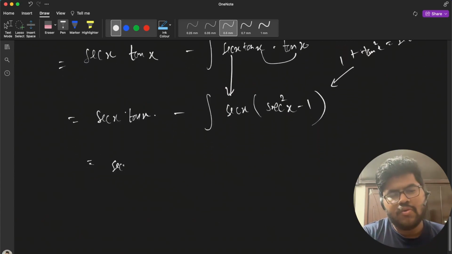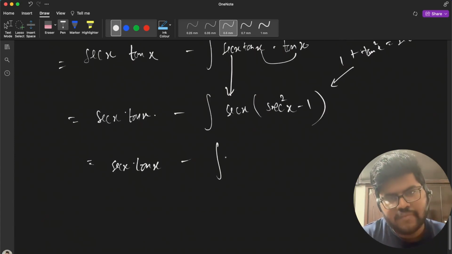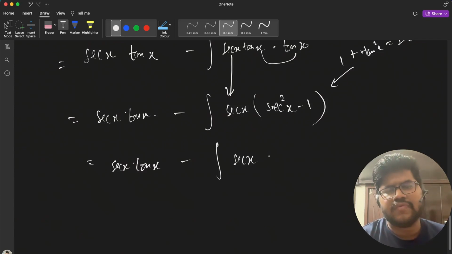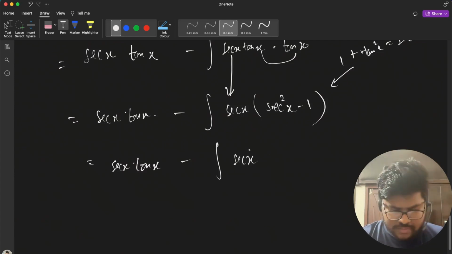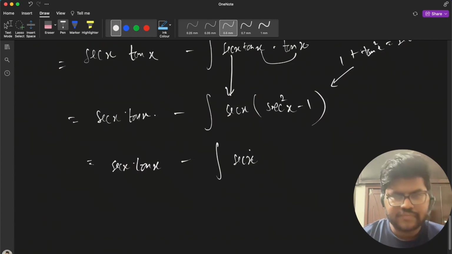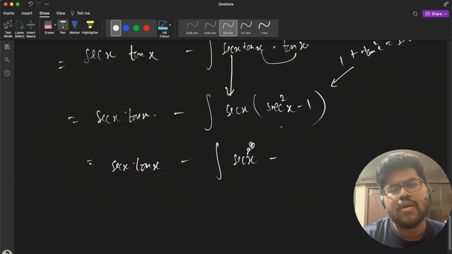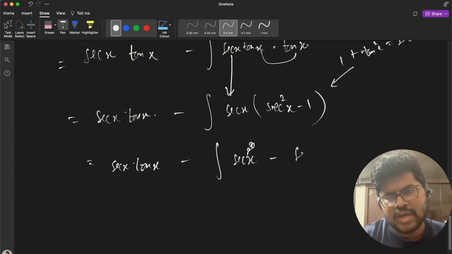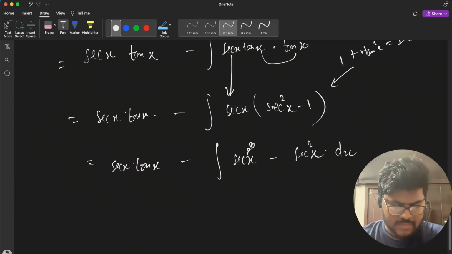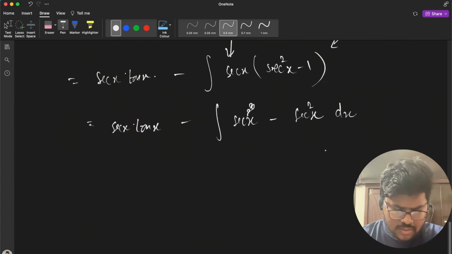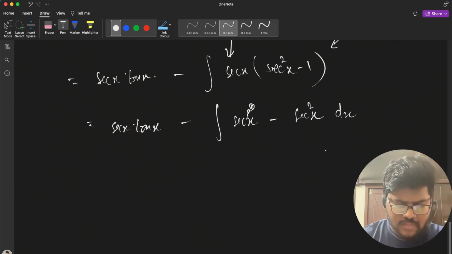Now what will we do? Sec x tan x minus sec x into sec square x minus 1, right? So this becomes sec cube x minus sec x, dx.